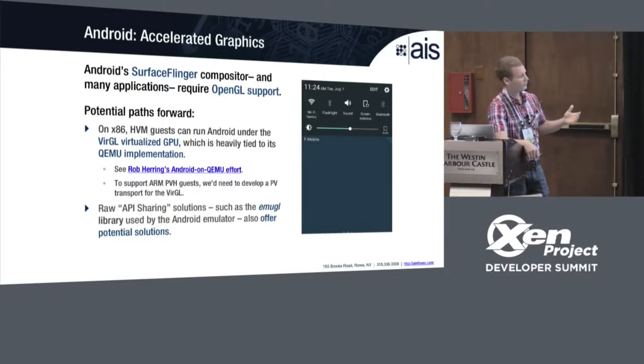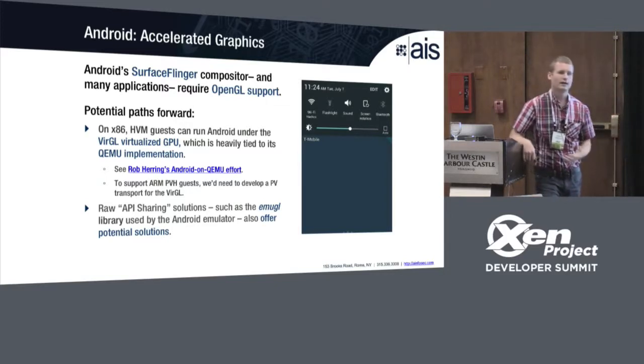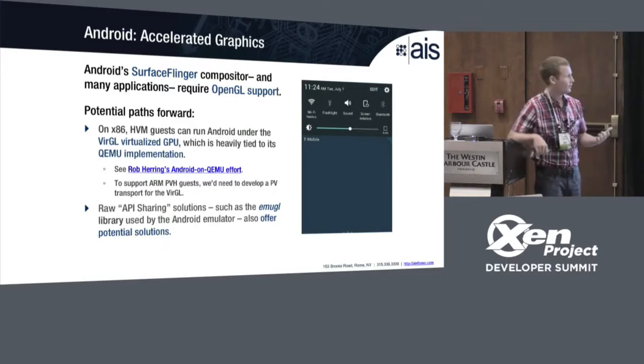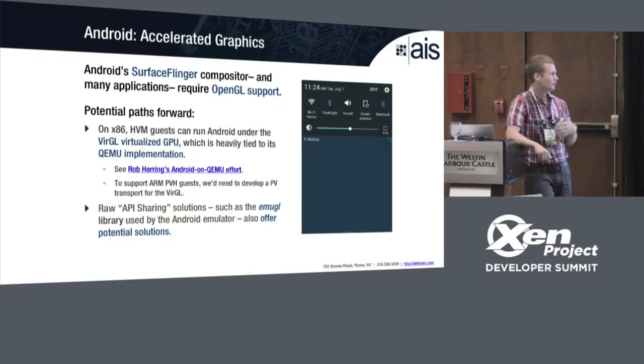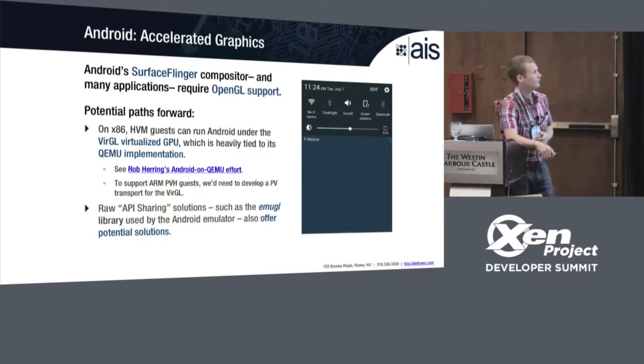There are other options, such as what Android uses in their emulator, EmuGL, which provides graphics support when using emulation. It's unclear exactly how performant that would be, particularly on a mobile device, but it's certainly another option that could be considered for integration. That relies on something they call the QEMU pipe that interacts with the host.